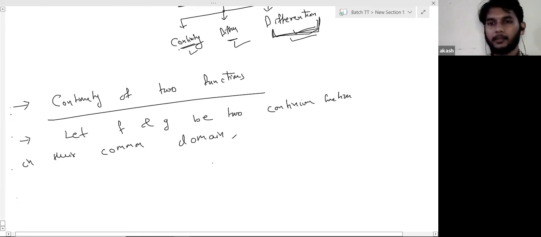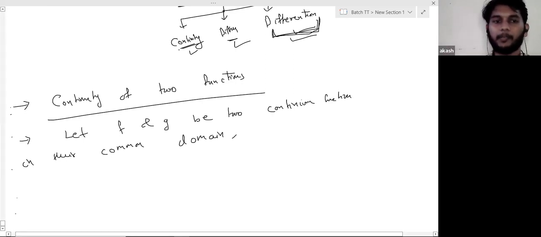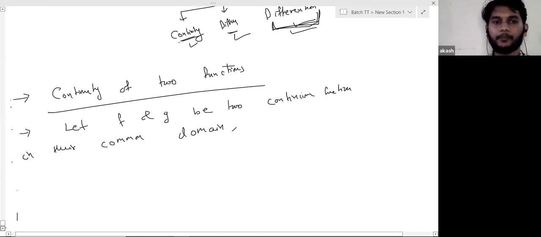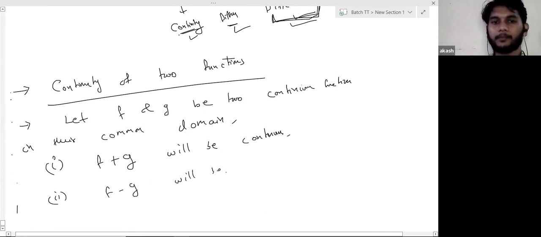What does this mean? There are two functions f and g which are continuous in their common domain. There is a common set of elements in which both of them are continuous. This is our assumption. Then what happens? f plus g will be continuous. f minus g will be continuous.